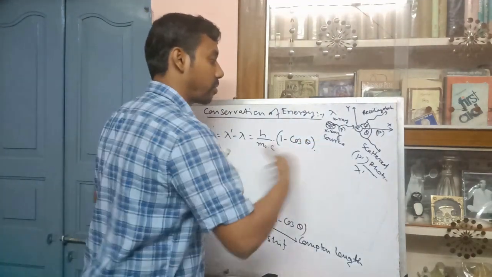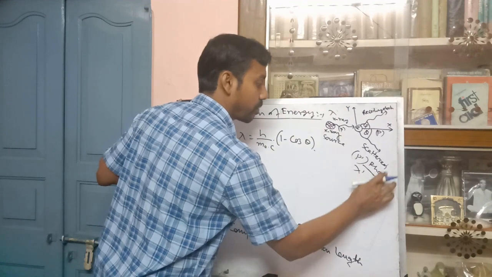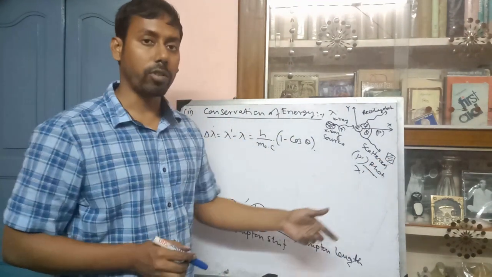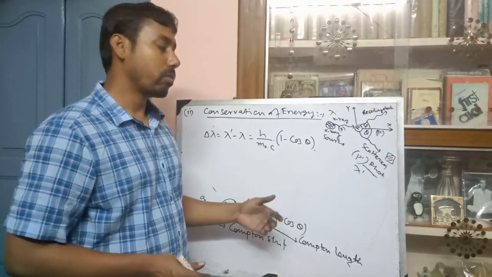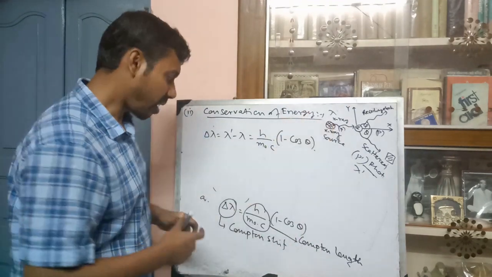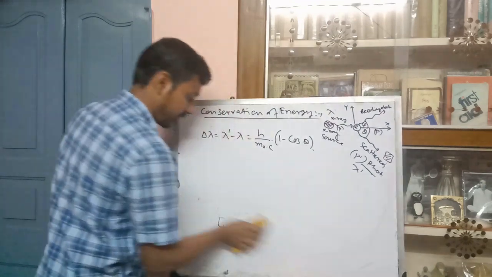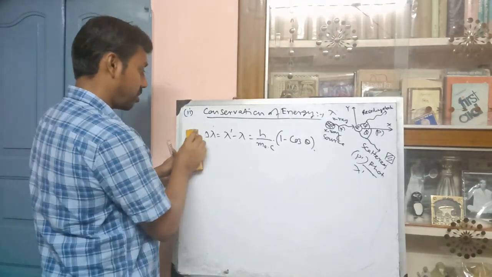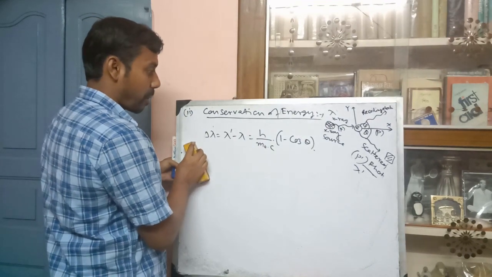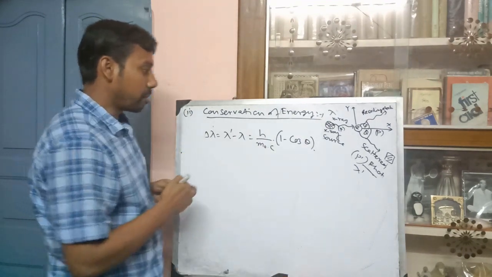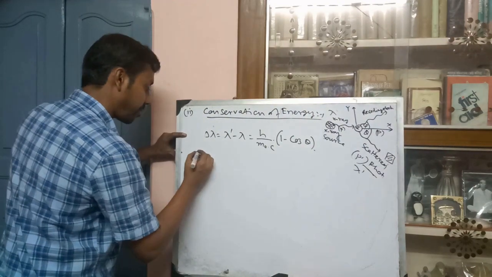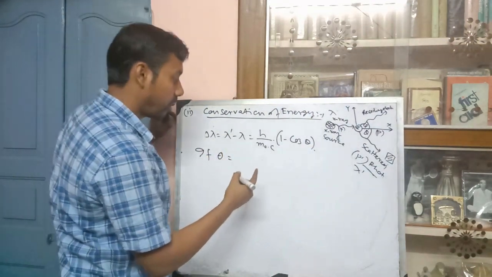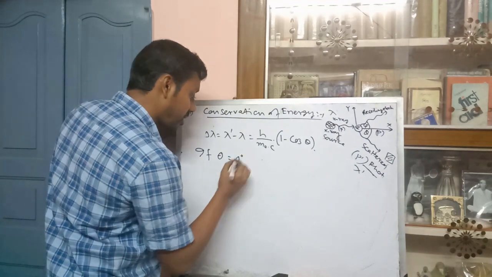If you keep a detector at the side and take the intensity of the scattered photon and plot it against the wavelength, we will get a plot. Suppose theta is equal to 0 degree.